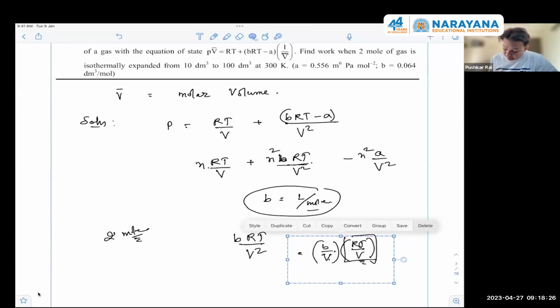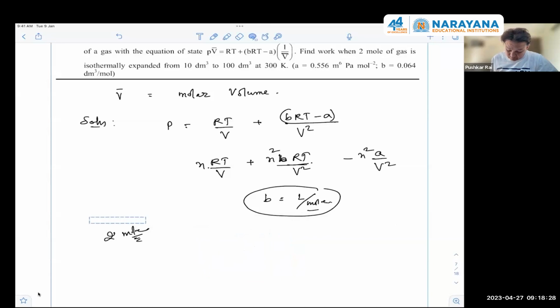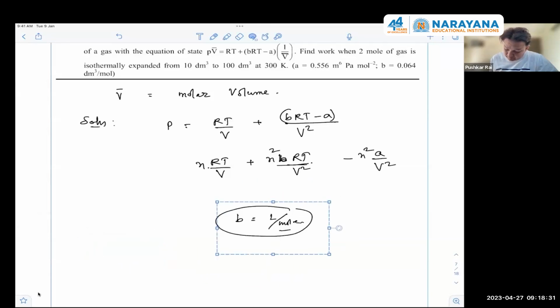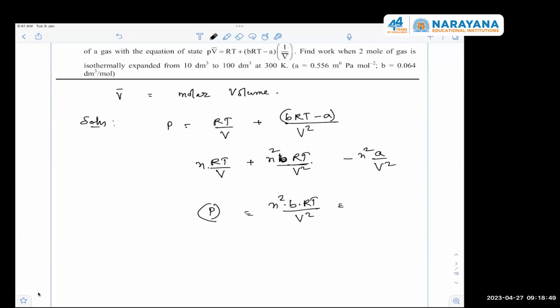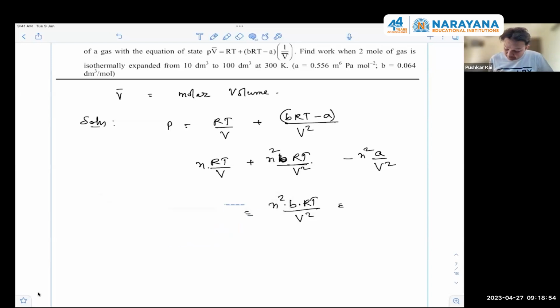It is n square. n square b, but please check n square b RT by V square. Does it make sense? Is it having the dimension of pressure? Yes, sir. All right. So sometimes this dimensional analysis is also a headache. That is the whole idea of this problem.